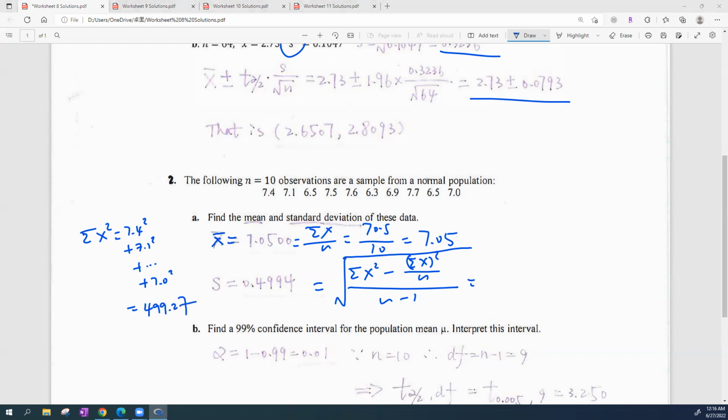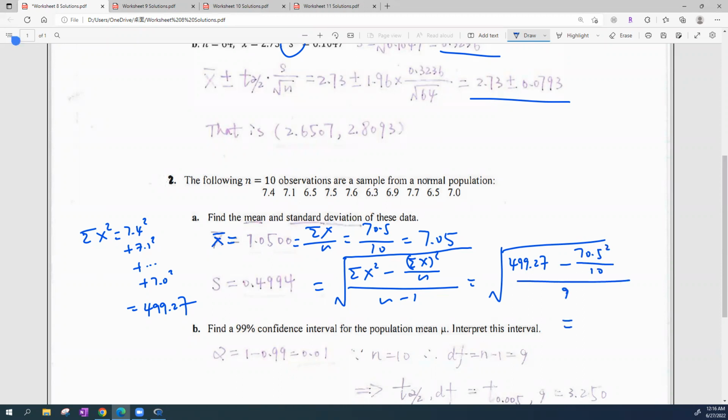Then we can plug in. This is the square root of 499.27 minus 70.5, since the sum of x is 70.5, which we calculated before, squared over 10, over 9.